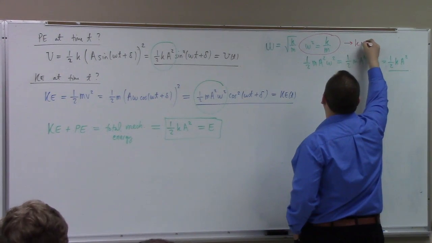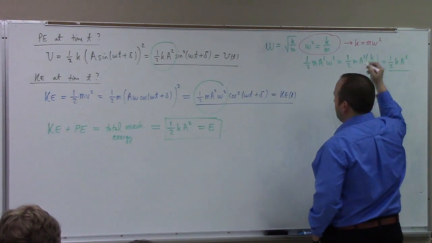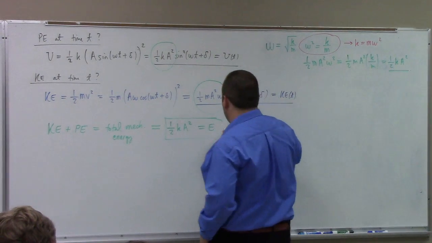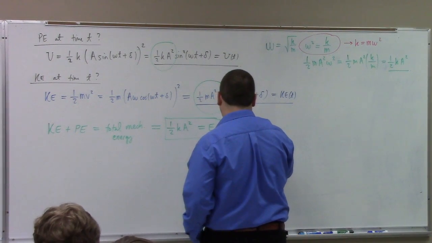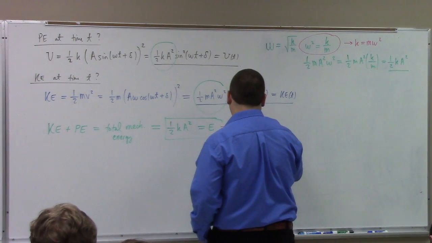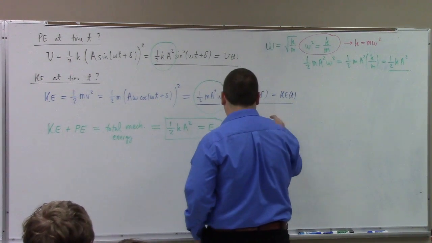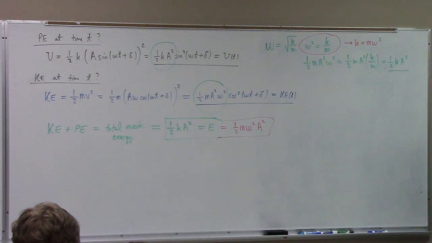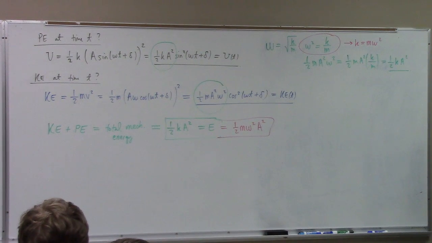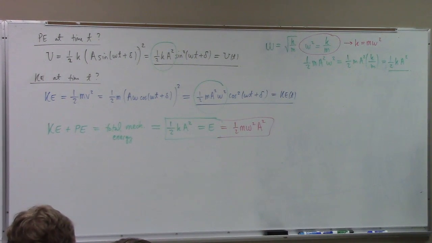That gives me k is m omega squared, right? So I could also say that the energy is equal to 1/2 m omega squared a squared, right? Yes, sir. We're adding them together.